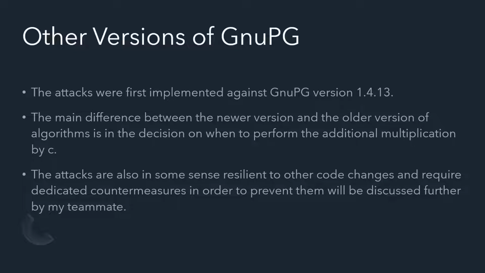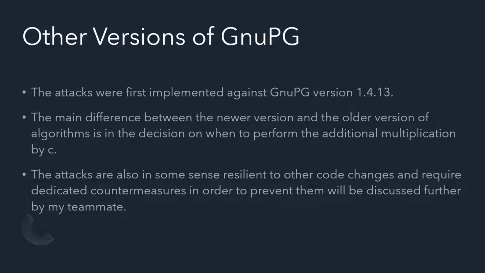The attacks were first implemented against GNU-PG version 1.4.13. However, during the course of the research, two newer versions of GNU-PG, version 1.4.14 and 1.4.15, were released.